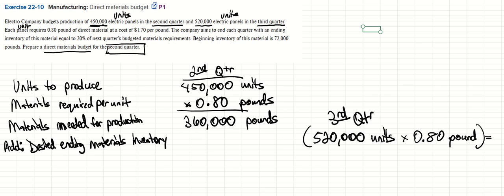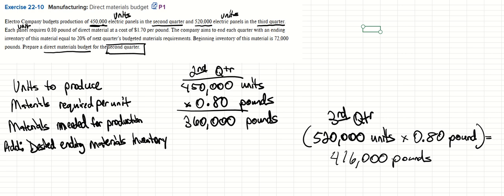Let me do the math here. 0.80 multiplied by 520,000 units gives us 416,000 pounds. So the company doesn't need all of that, according to the information provided. They just need 20% of that.